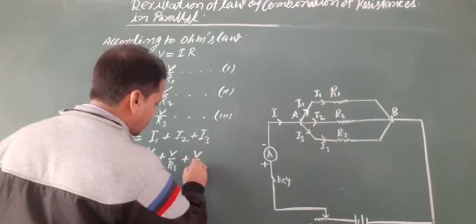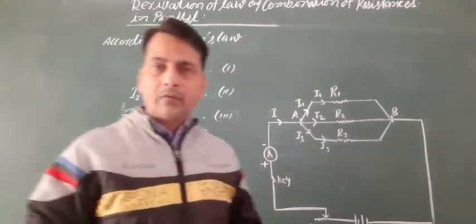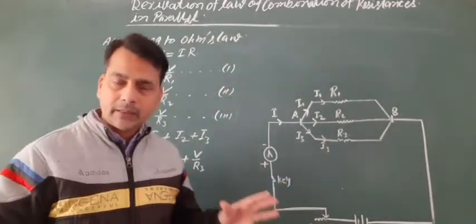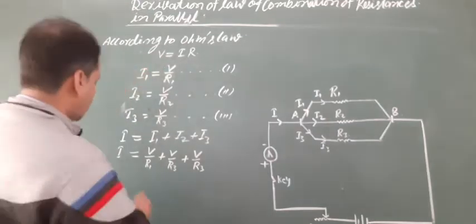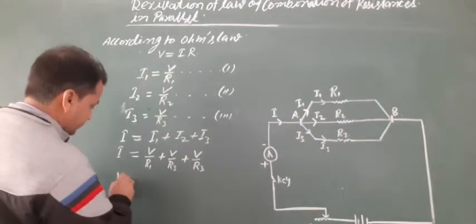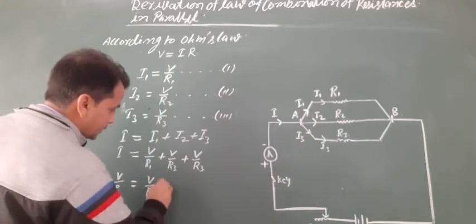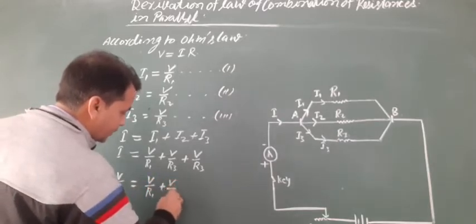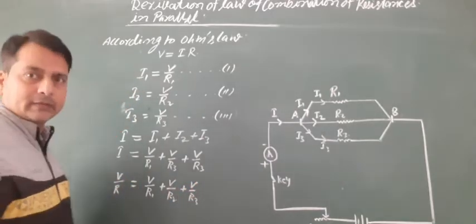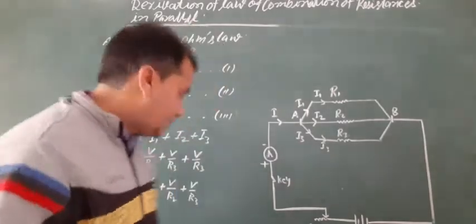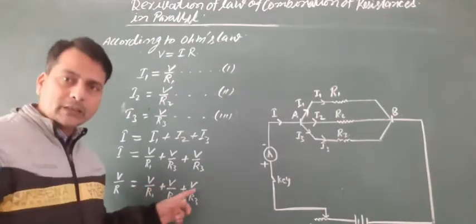V by R3. And net current here is I equal to potential difference by resistance. So I equal to V by R, then V by R1 plus V by R2 plus V by R3. In this equation, the potential difference in each term will be the same.